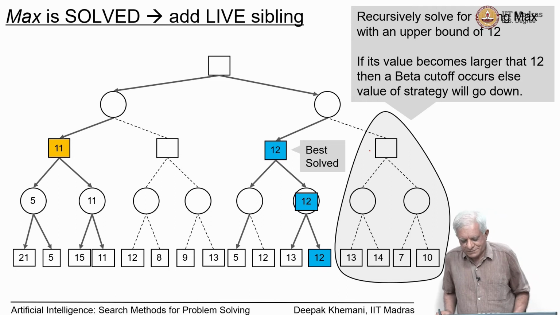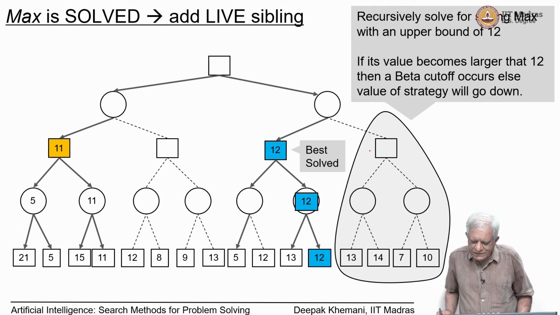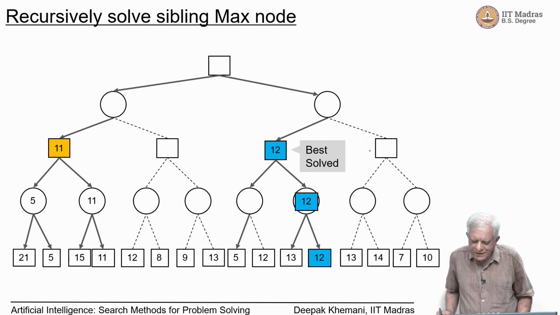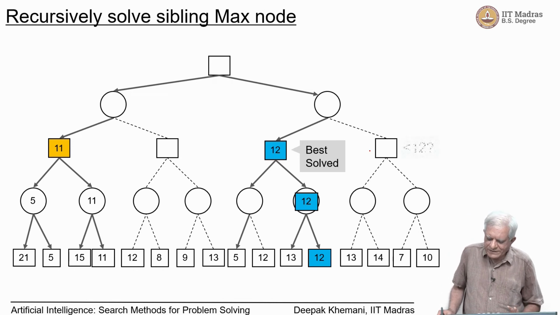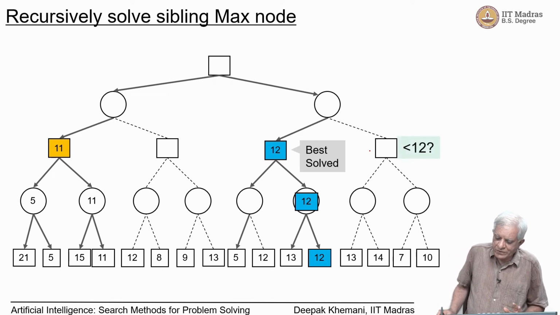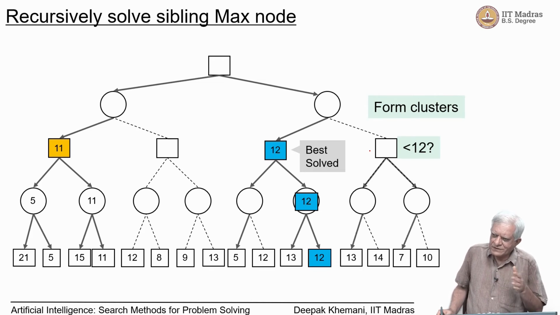So, that is the tree that I have shown shaded here. We follow the same strategy. We have put an upper bound of 12, and again we form the clusters. So, how do we form clusters? We choose all edges at max level and one edge at the min level. So, we have these two leaves here which have a value of 13 and 7.